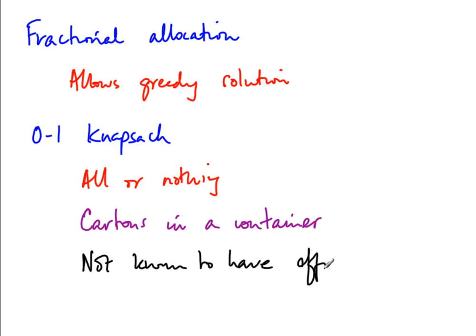In fact, 0-1 knapsack falls into the category of problems which are called NP complete, and so it is very unlikely that there is an efficient solution. So in some sense, one has to live with the fact that you have to do the naive thing of trying all possibilities, or look for approximate solutions which might give you something which is not quite optimal but good enough in practice.